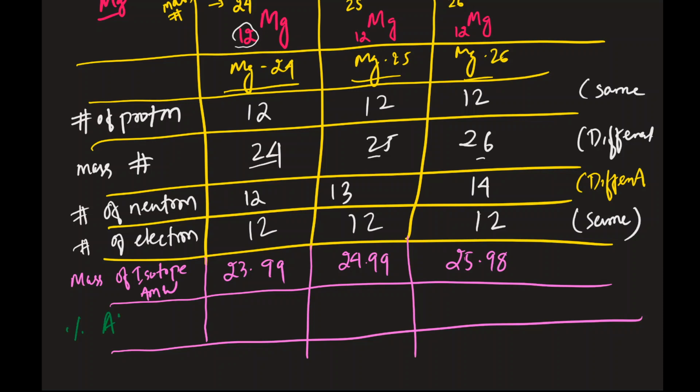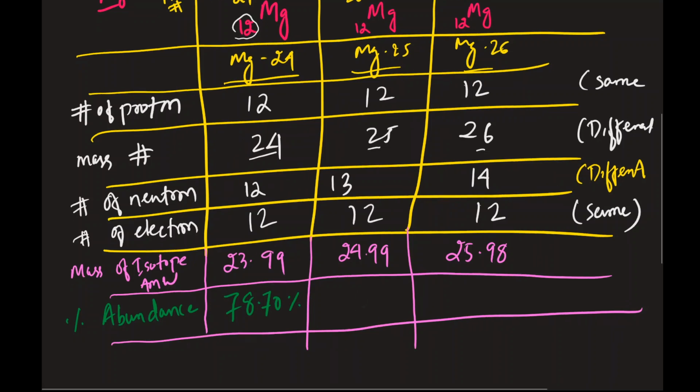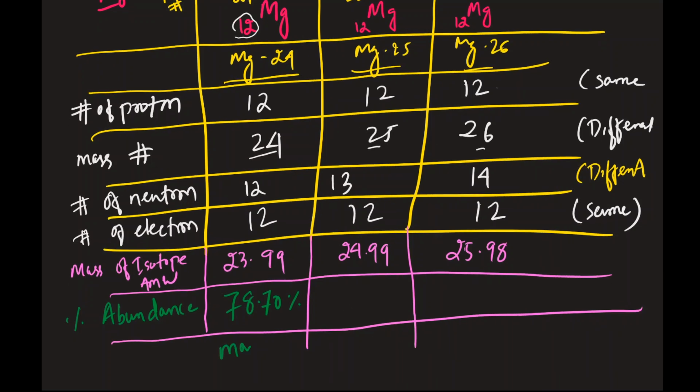And the percent abundance, this is critical. What does this mean? Let's say I found 100 magnesium atoms from the earth. Out of that, 78.70% would be Mg24. So Mg24 is the most abundant, the most common one.